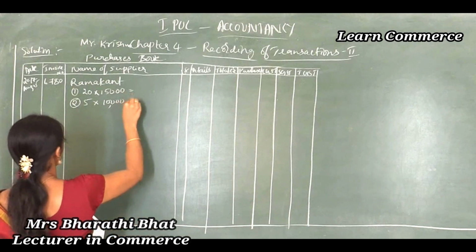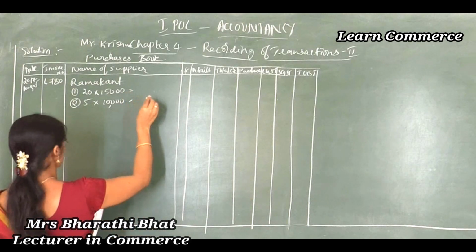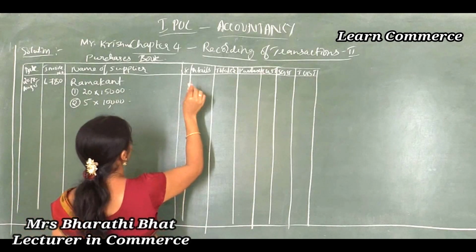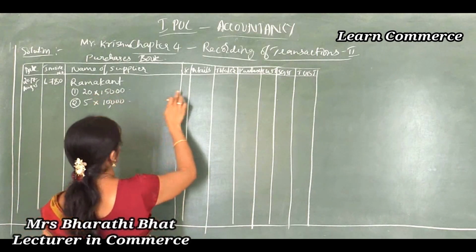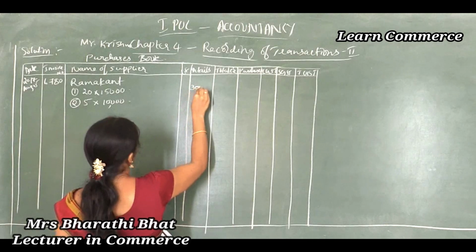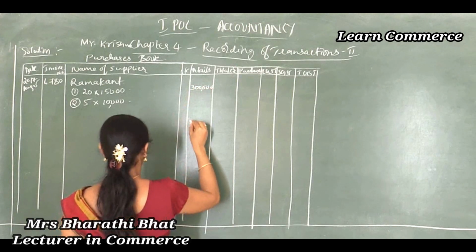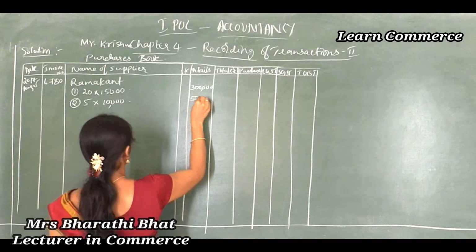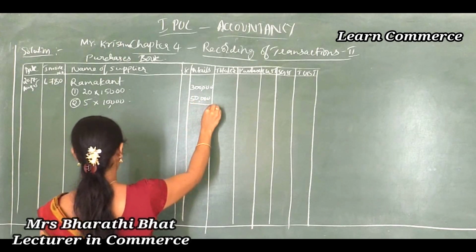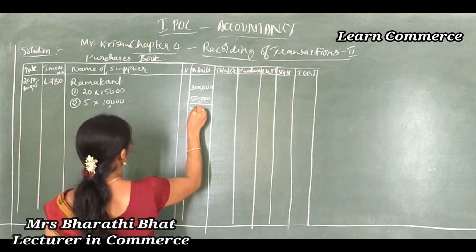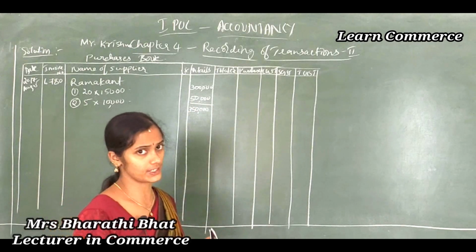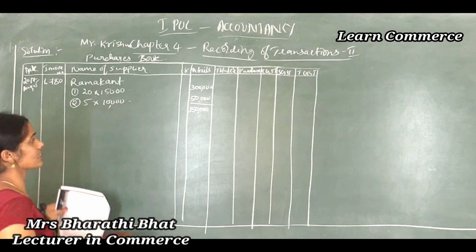So calculate 20 into 15,000. That amount you should write in the details column. 20 into 15,000. Next 5 into 10,000, 50,000. What is the total amount? 3,50,000. Correct, right? And what is the next step?